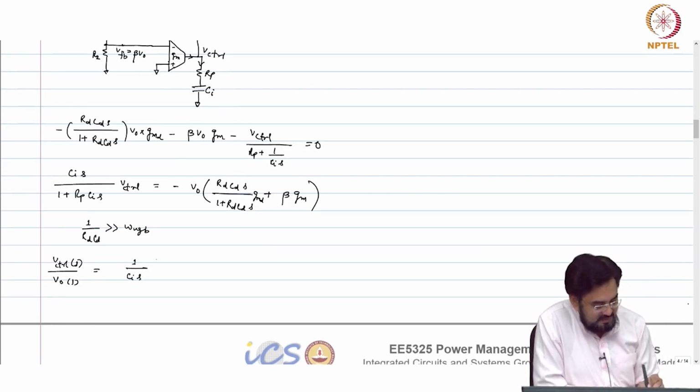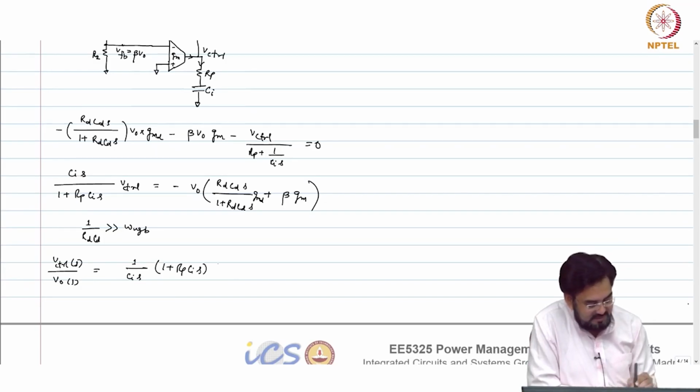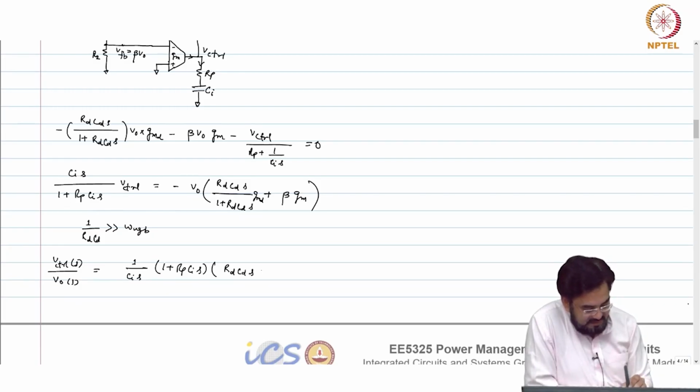CIS, and you have this 0, 1 plus RP CIS, and then you have this guy RD CDS, GMD plus beta GM.